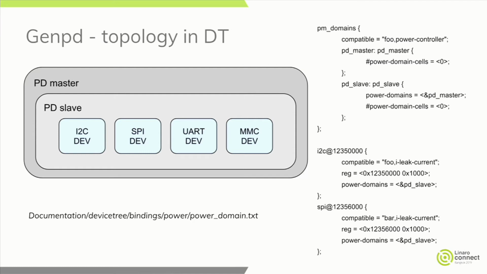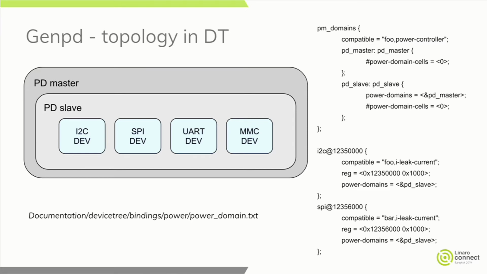So when any of these devices are runtime resumed, it means that the power domain for all of these devices is on. When the last device goes off, when the 3 are already off and the 4th also goes off, Genpd sees that now all my devices that are attached to this domain are off.